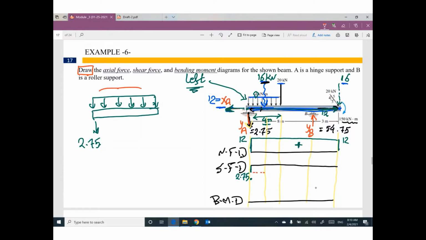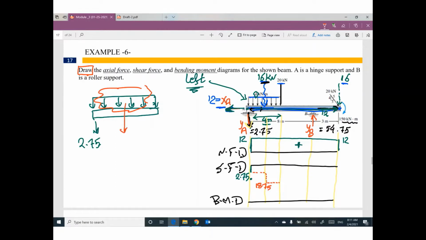Because you are inside distributed load. Until you found the equivalent load 16, so I will go down one more time 16 until reaching 18.75. Keep walking, dotted. I am done with the distributed load.